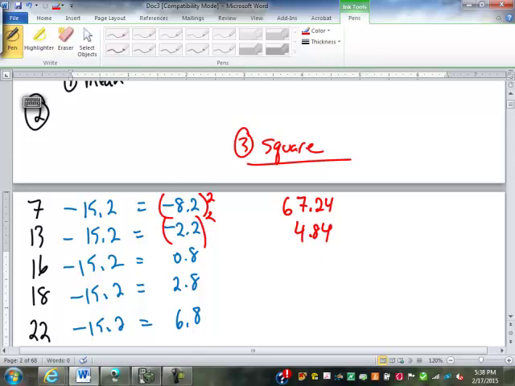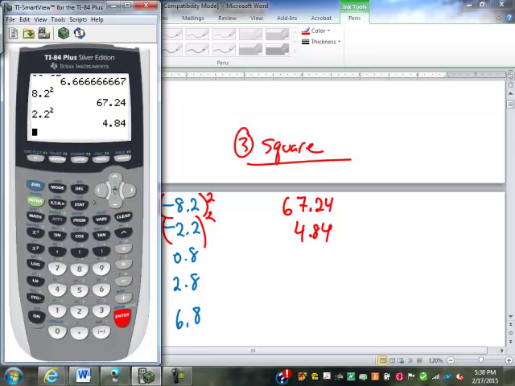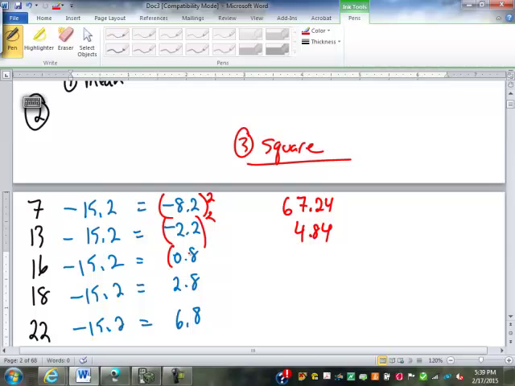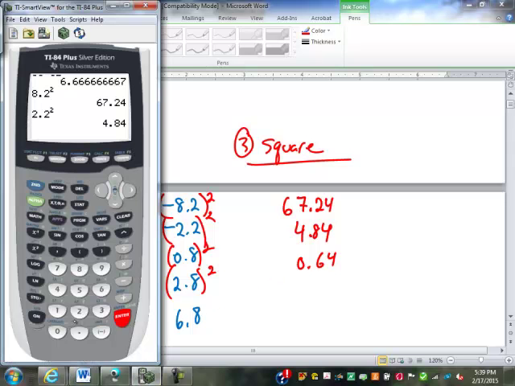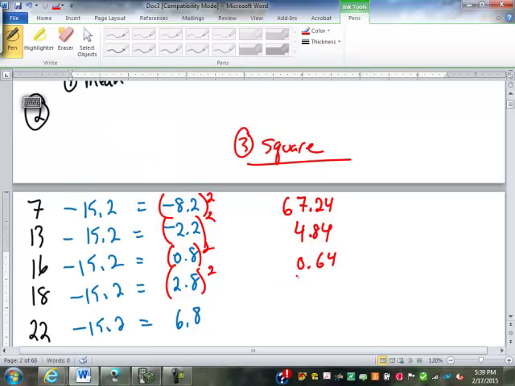Now you notice I'm punching these in, I'm not putting in the negative. Why don't I have to put in the negative? Exactly. When we square anything, it's going to be a positive answer. So the negative isn't going to change our result there. 0.8 squared will be 0.64. 2.8 squared, 7.84. And 6.8 squared? 46.24.